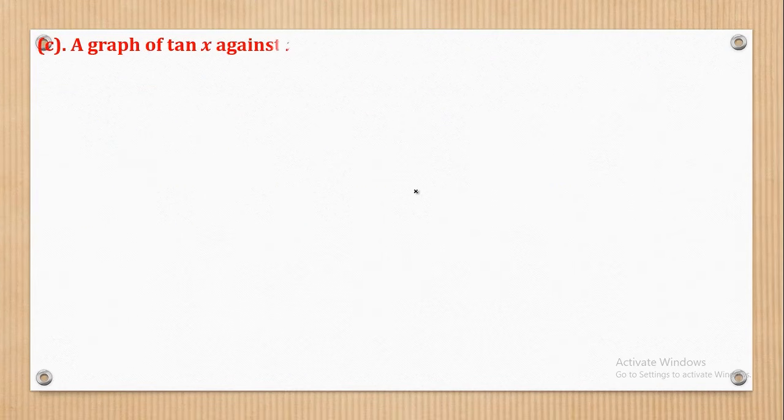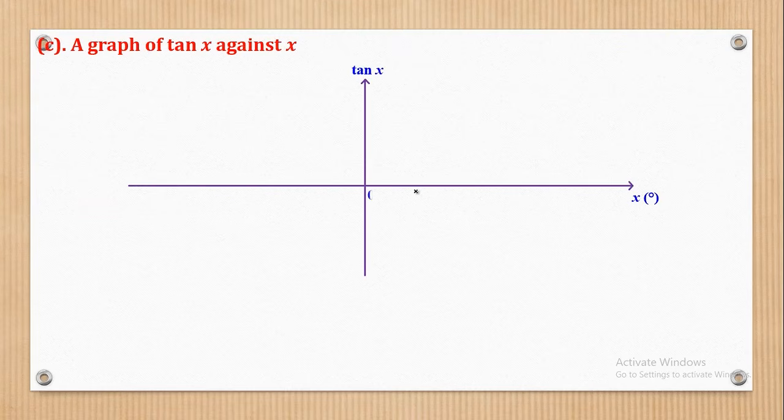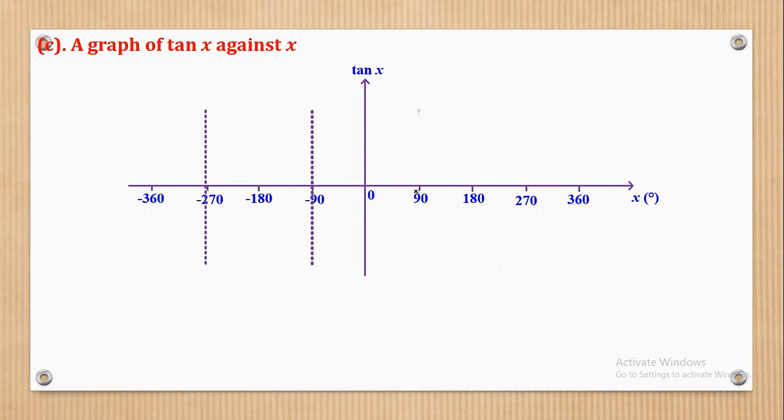So lastly, we shall draw the graph of tan x. So for tan x, unlike the graphs of cos and sine, which have a maximum value of +1 and minimum value of -1, tan x does not have that.